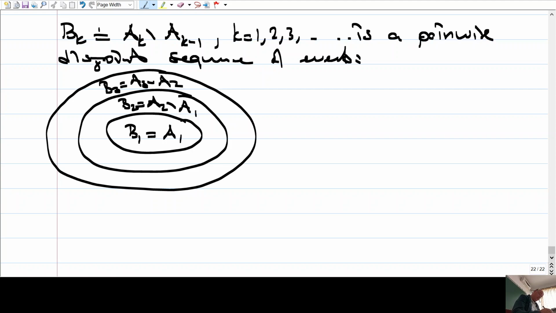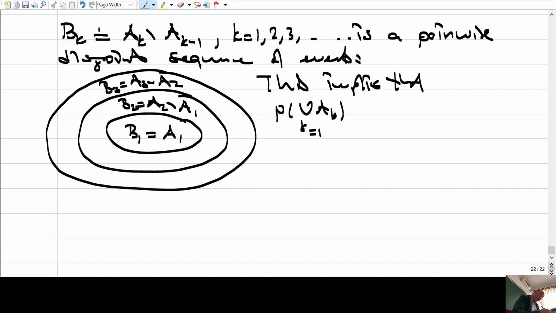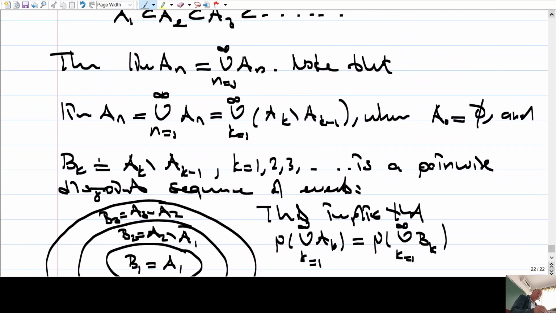So this implies that the measure of this union, k from 1 to infinity, of Ak is just the measure of the union of Bk. Because the union of An's or Ak's is the same as the union of Bk's, right? Ak minus Ak minus 1 is Bk.